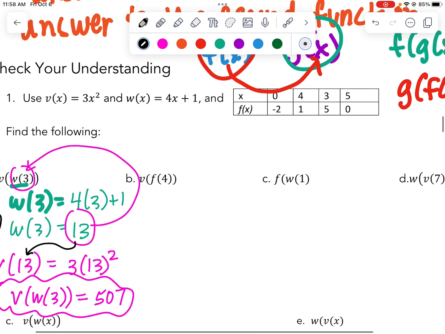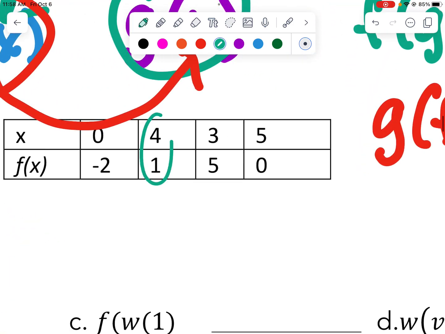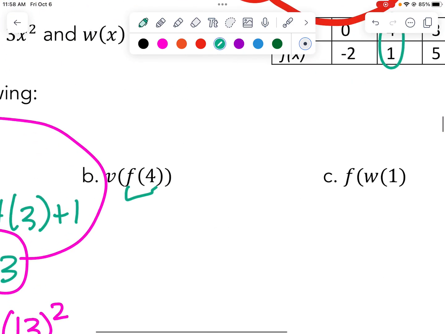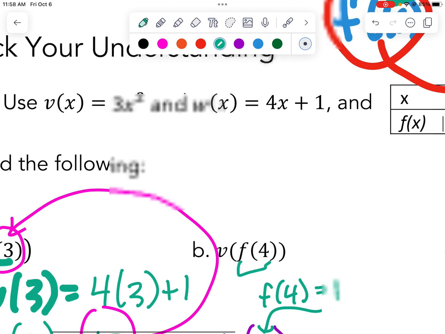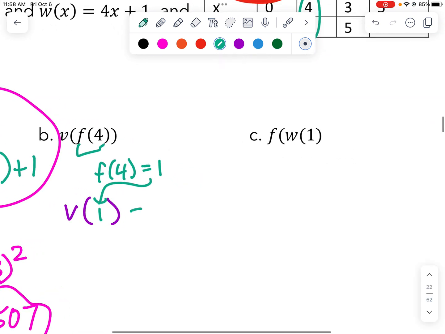All right, let's do the next one, v of f of 4. So first you find f of 4. That's this table. So when the input is 4, what's the output? It's 1. So f of 4 equals 1. Now we plug that into the v function. So v of 1, let's look at the v. It's 3x squared. So we'll do equals 3, and instead of x, we'll plug in a 1, and we'll square it.